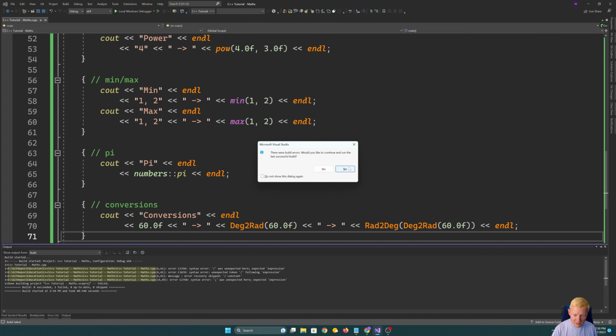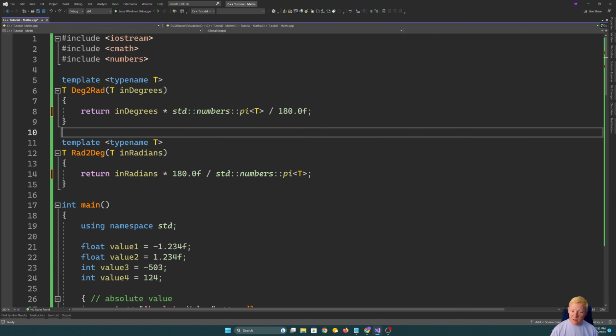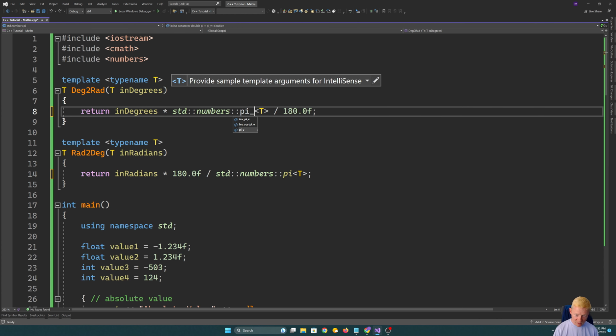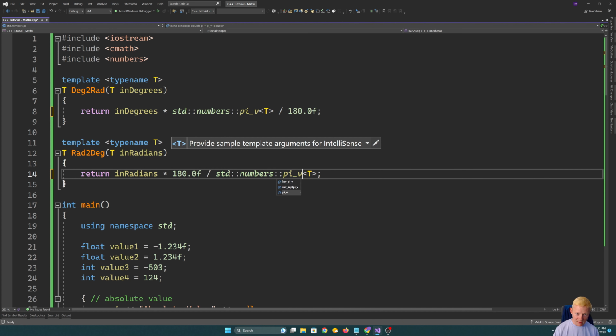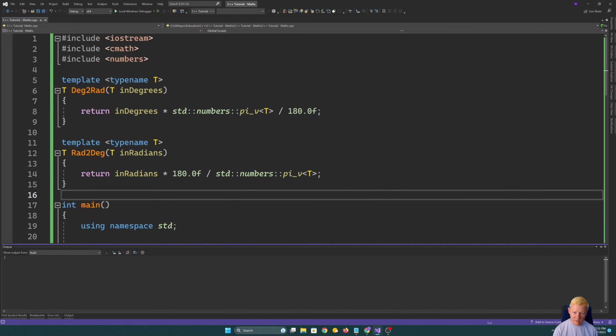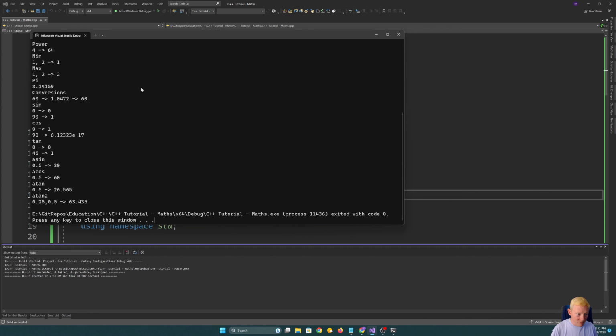Now, we might have run into a couple of problems. That's okay. So with these, if we're providing the particular type, we actually use pi_v like that. And then we can see that runs, and in the conversions, 60 goes to around 1 in radians, which goes back to 60 degrees.